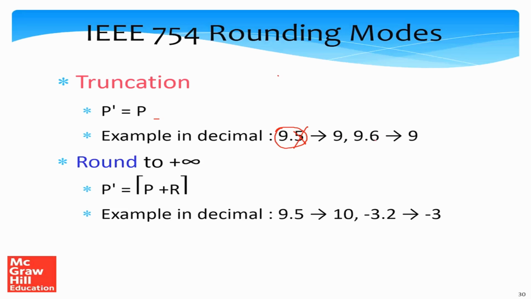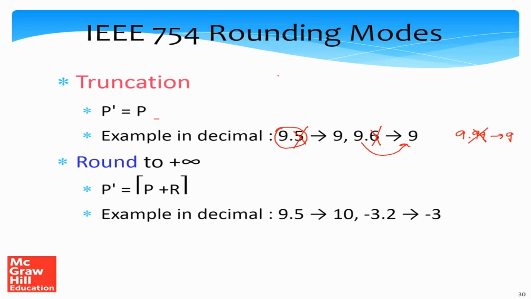In this case, I will discard 6, and even 9.6 I'll round it to 9, and even 9.99 I will round it to 9. So I'm just truncating, I'm just discarding the residue and I'm not updating the significand. So this is a very simple mode of rounding, and this is typically not advisable to use, but we can use it if you want to. So this is called truncation.